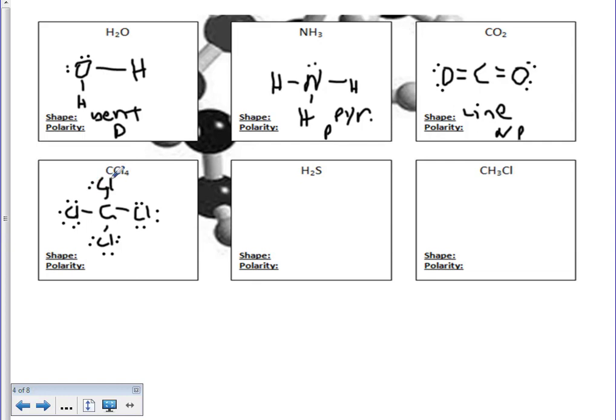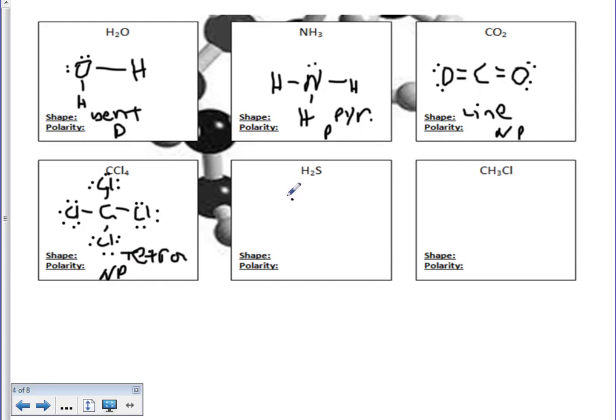With 4 substituents, the prefix is tetra, so we have a tetrahedral shape. Since all substituents are the same, this is indeed going to be nonpolar.